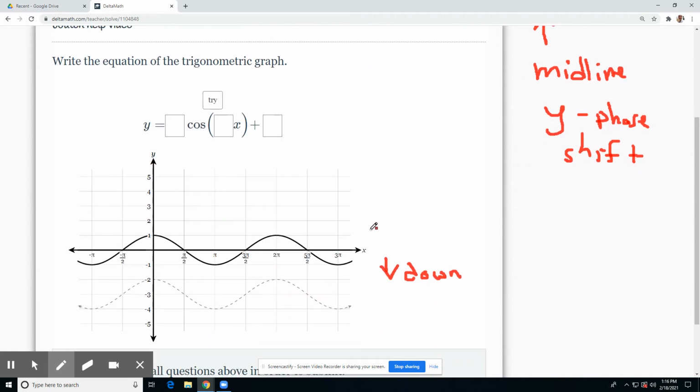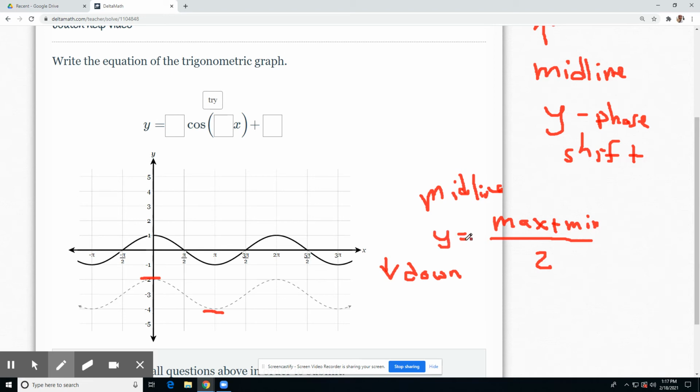All right, so to find our midline, we're averaging the maximum and minimum. So the maximum is -2. The minimum is -4, so we're going to average that. So it's the max plus min divided by 2 for our midline.